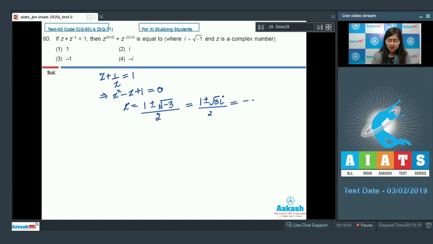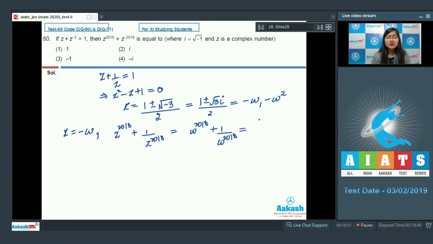Now this can be written as minus omega or minus omega square, right? So these are the two values of z. Now if I take z equal to minus omega, in that case, the value of z raised to the power 2018 plus 1 upon z raised to the power 2018 is equal to omega raised to the power 2018 plus 1 upon omega raised to the power 2018.